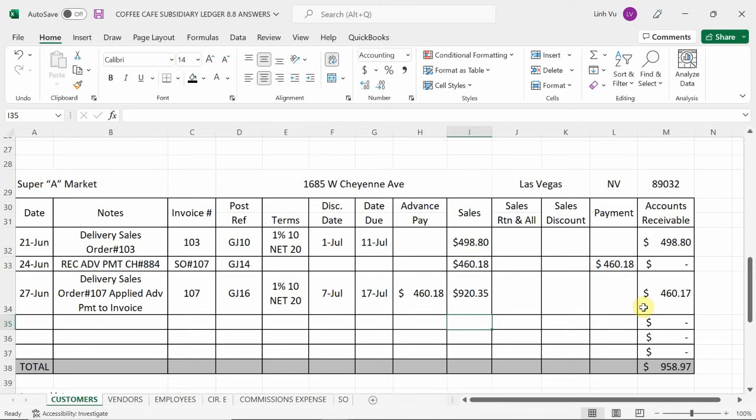And that now Super A owes me $460.17, on top of the previous bill for the 103, 498.80. Okay. All right. There you go.